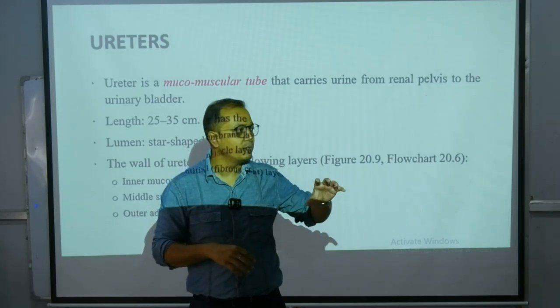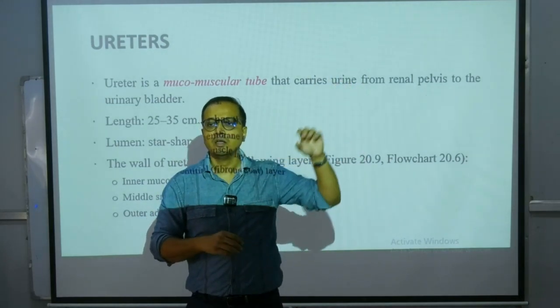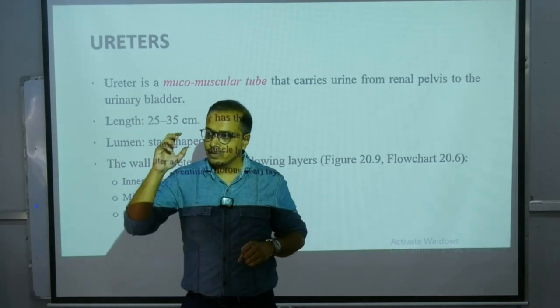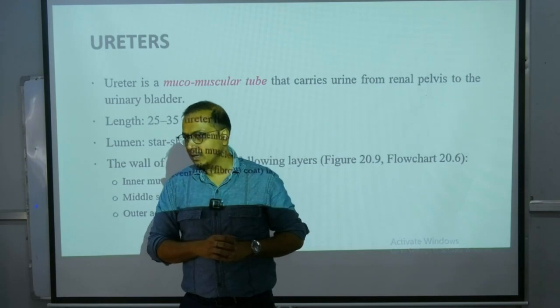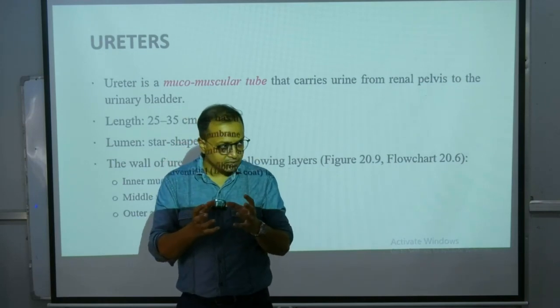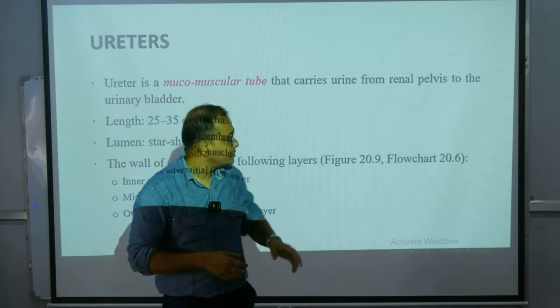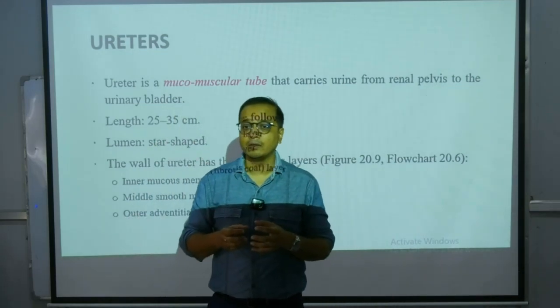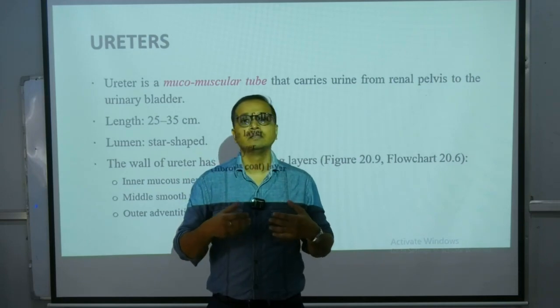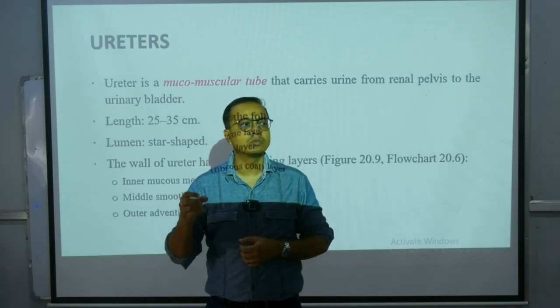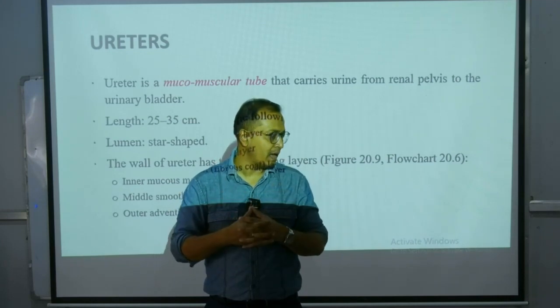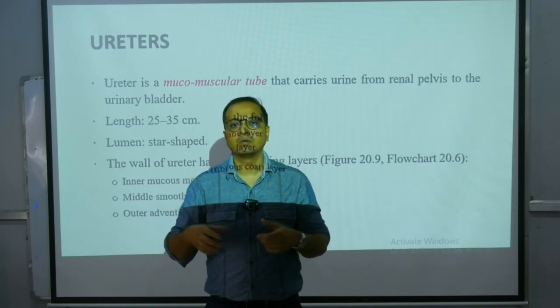That means it is transforming from multiple layers into a smaller number, or a single layer, or 1-2 layers. When you see the urinary bladder in an empty state, that means it is in a shrunken position. When you see the ureter lying in a non-peristaltic stage, in a relaxed stage, it has more cellular layers than when it is stretched, and when peristalsis happens, it has fewer cell layers.